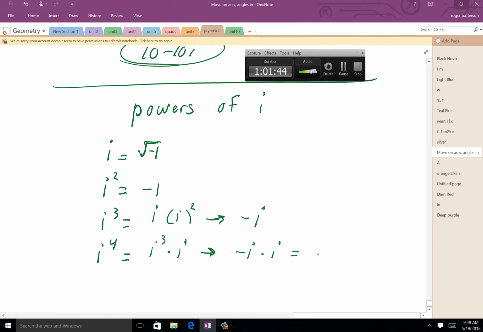What are we going to get there? Let's see. So we're getting a negative i squared. i squared is negative 1, right? So it's just 1.